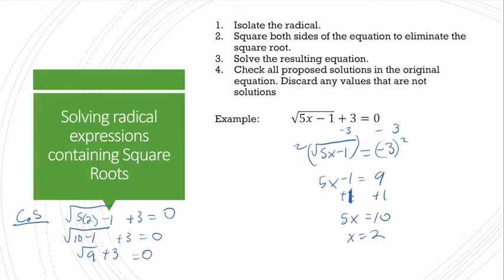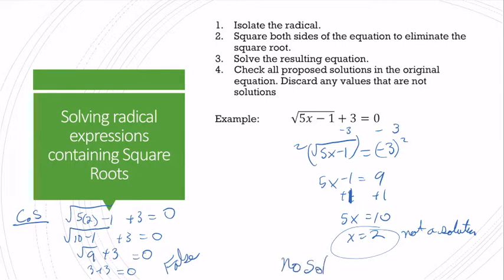So I have 3 plus 3 equals 0. This is false. So because x equals 2 is not a solution, there are no solutions. No solutions. Okay, let's try another example.